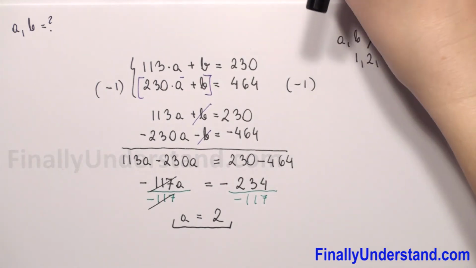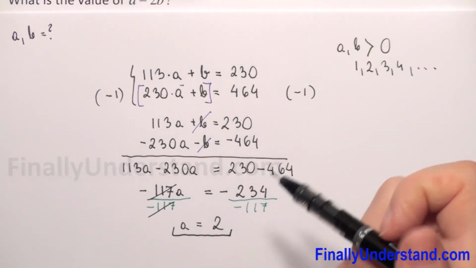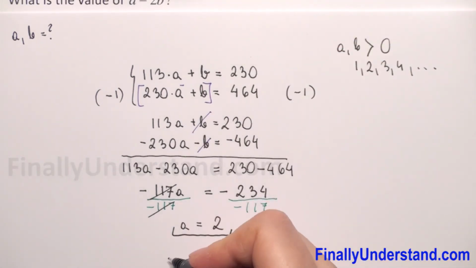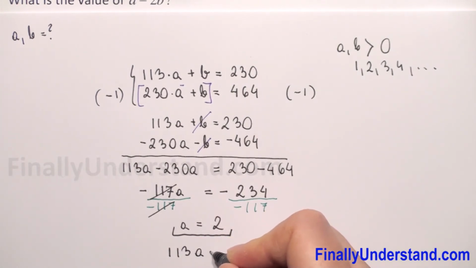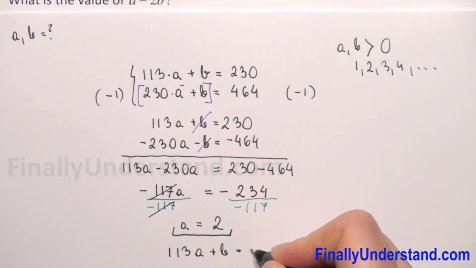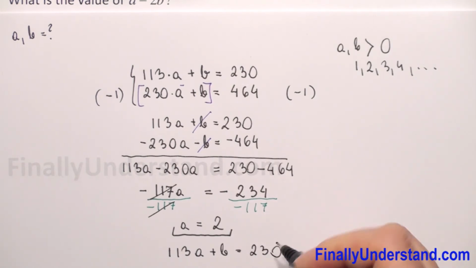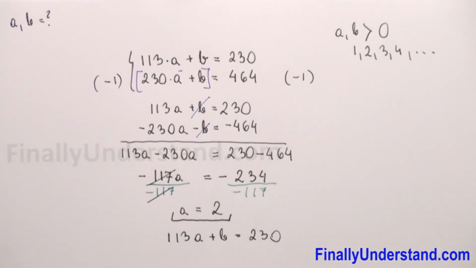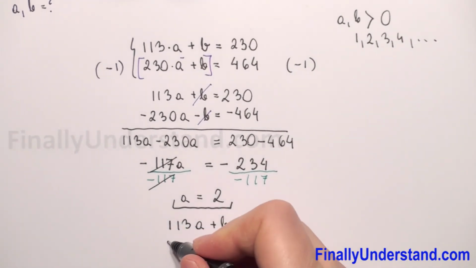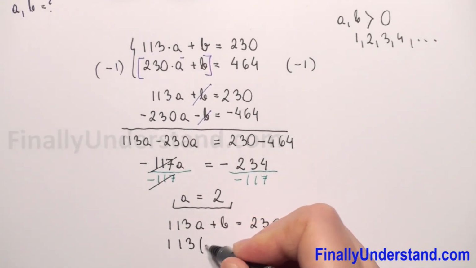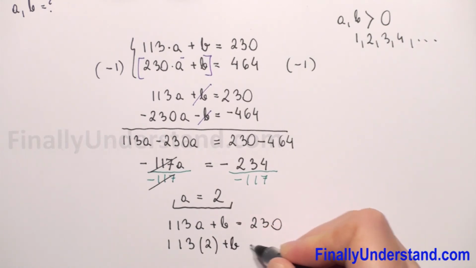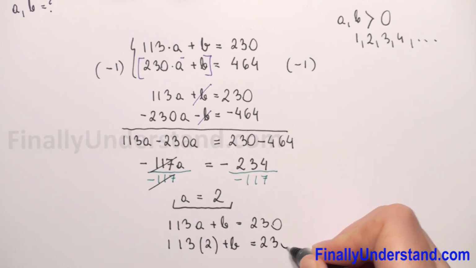So we copy one of our equations. Let's choose the first equation. We have 113a plus b. This is equal to 230. a we can substitute by 2. So we have 113 times 2 plus b. This is equal to 230.